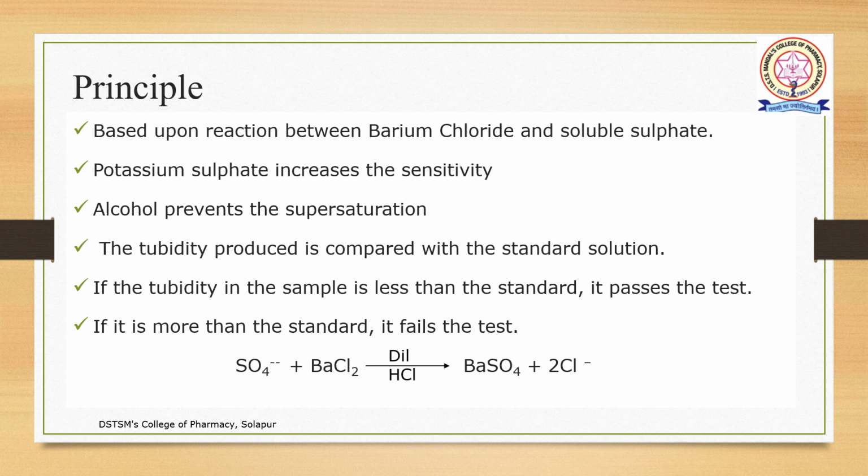The potassium sulfate which is used increases the sensitivity of the reaction, and sulfate free alcohol avoids supersaturation. Here the barium sulfate forms a turbidity in the test and in the standard solution. If the turbidity produced in the sample is less than standard, then it passes the limit test. If it is more, then it fails the test.